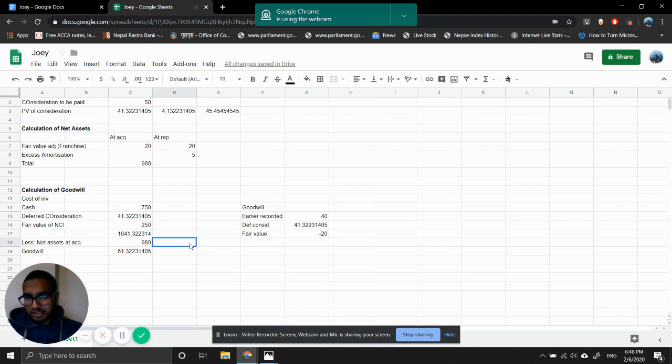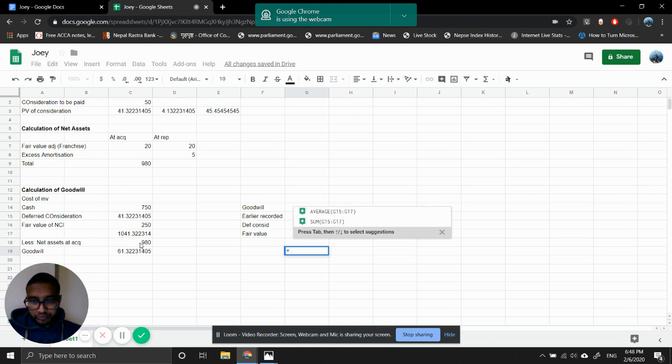So what has happened is that, see this figure, otherwise it normally should have been 980. Since that figure has increased, it has decreased our goodwill, right? Suppose this was 960, see how that figure will jump. That 61 will be 81, right? So since it has increased, our goodwill will be credited, right? So that's all I'm doing over here. Okay, so see, that's the goodwill I got.